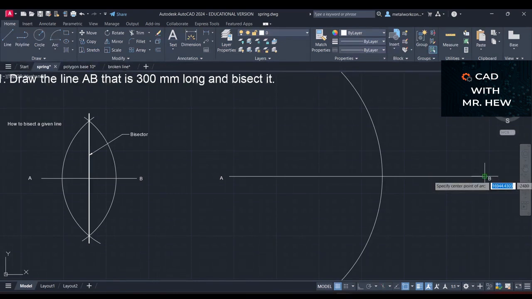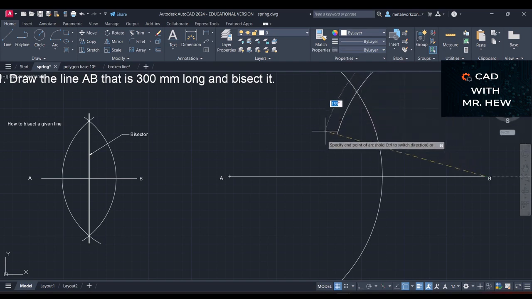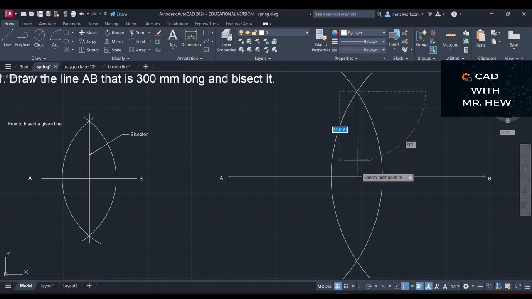So center B, radius equal to the same radius that you used before to draw the arc from A. Where the two arcs intersect, you're gonna draw a line from the intersection.